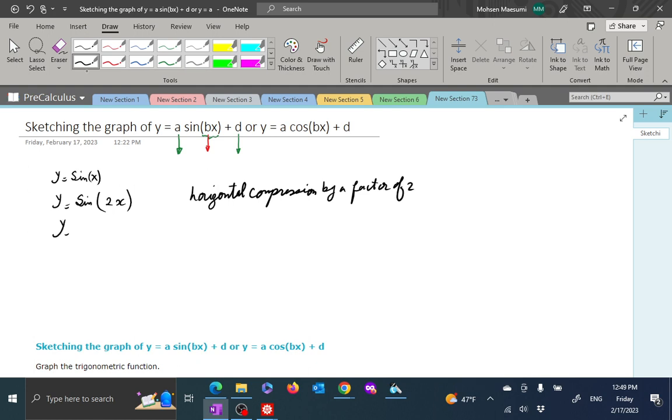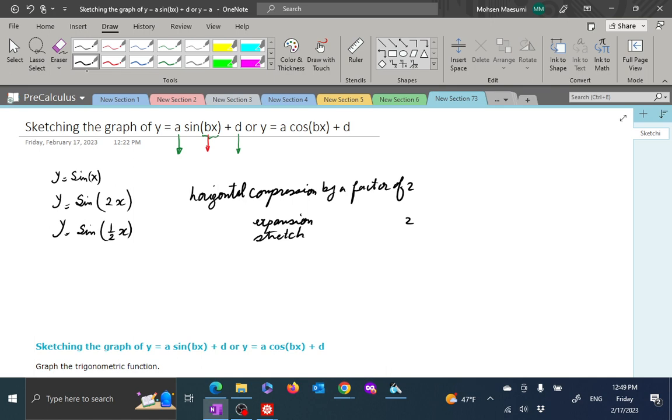If you had y is equal to sine of, say, 1/2 x, this is going to be a horizontal stretch or expansion. Whatever word you want to use, expansion or stretch, also by a factor of 2.